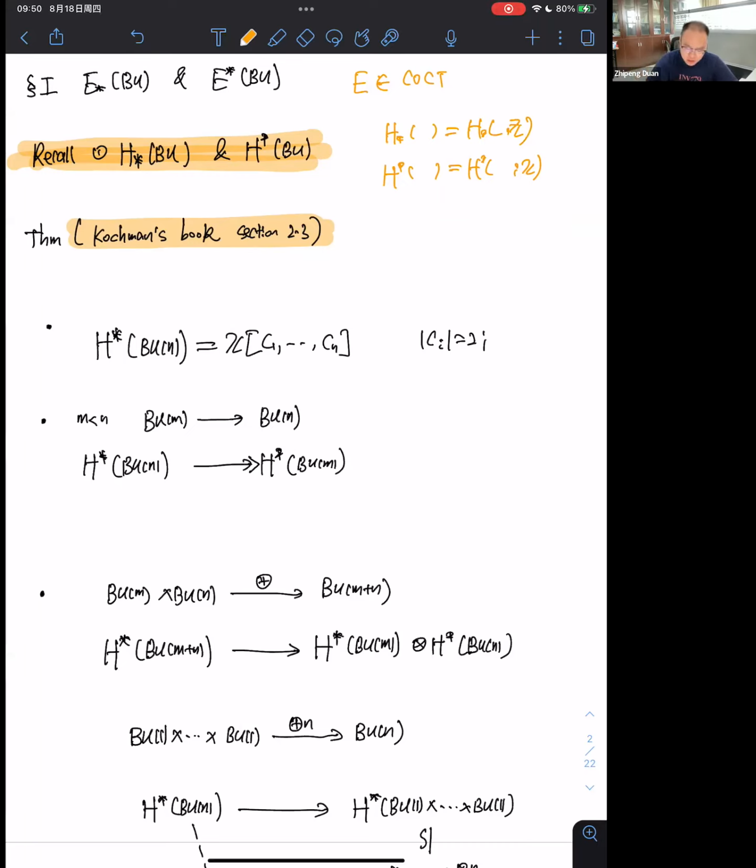The first result is about the co-homology of the classifying space of a unitary group U(n). It says the co-homology of BU(n) is a polynomial ring over Z with n generators C1, C2 to Cn, where the degree of Ci is 2i. The generator Ci is called the i-th Chern class.